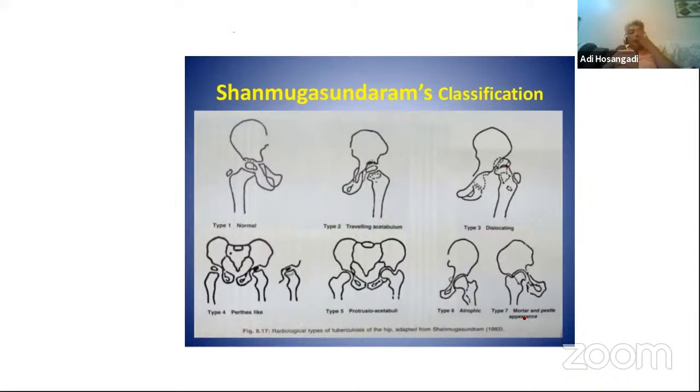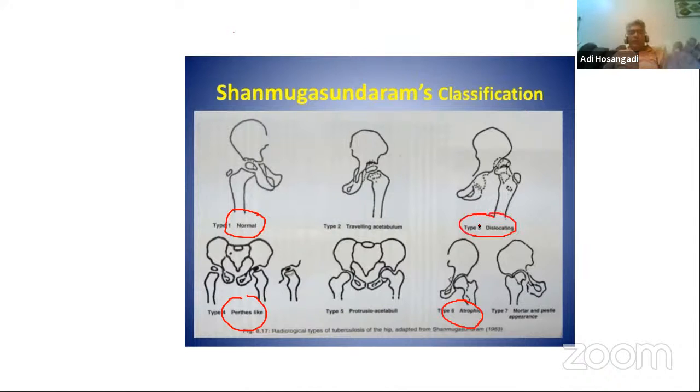I would like to tell you some things so that you will easily remember. Normal you can easily remember. There can be Perthes type and there can be atrophic type. These three you can easily remember: normal, Perthes, atrophic. Now comes the remaining four types. Anything in the hip can be dislocation. You don't have to remember in the order.